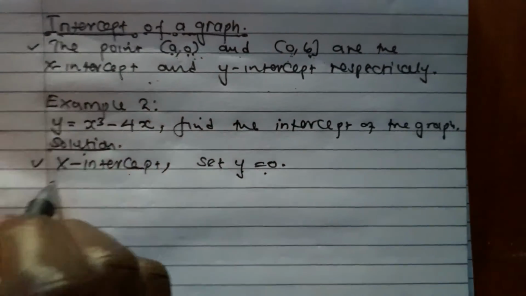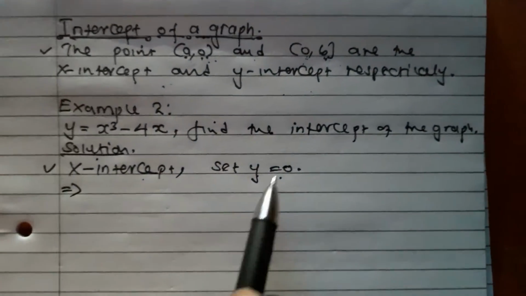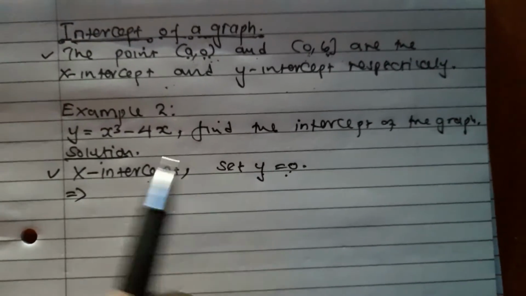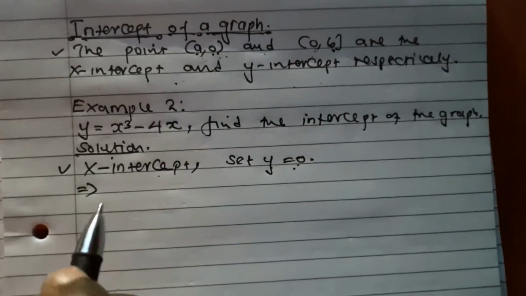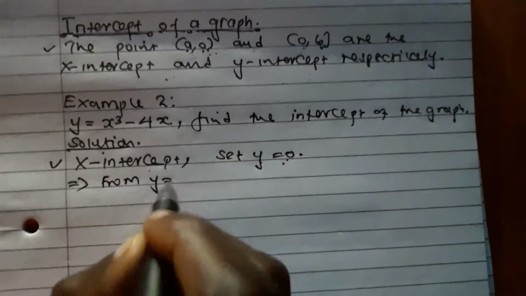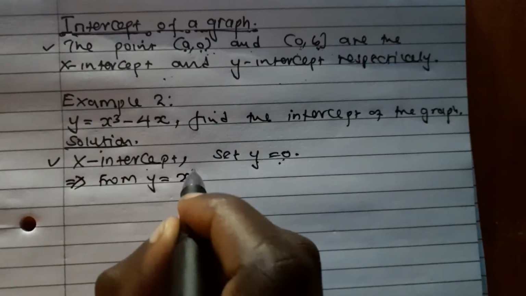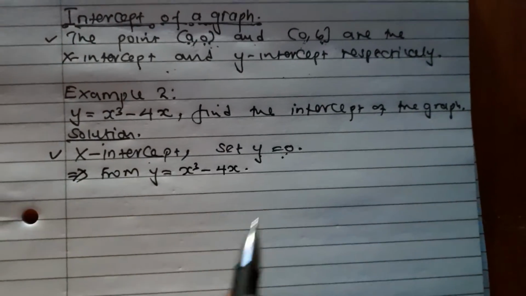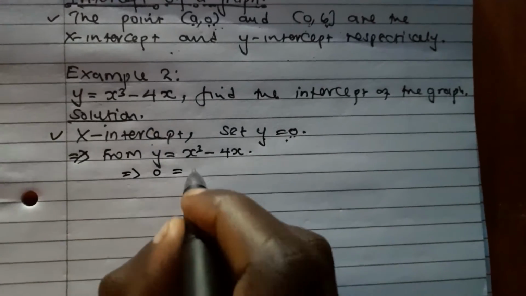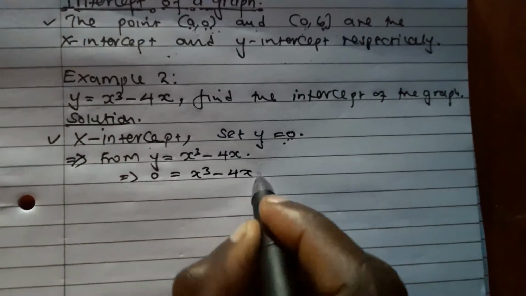So to get the x value, we will substitute the y value into the function y is equal to x cubed minus 4x. Substituting y with 0, this implies that 0 is equal to x cubed minus 4x.